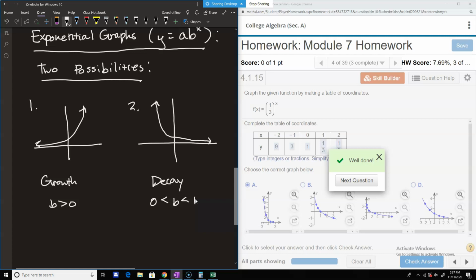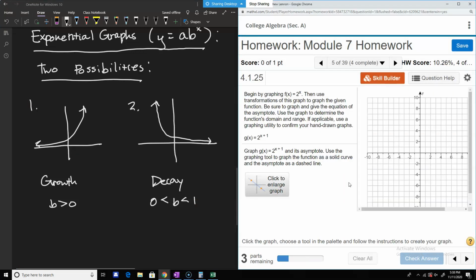Also, if you have a population that's experiencing diminishing resources, say a food source, you could see a population of a certain species go toward extinction. That would be exponential decay. So these things come up all over the place in the real world.